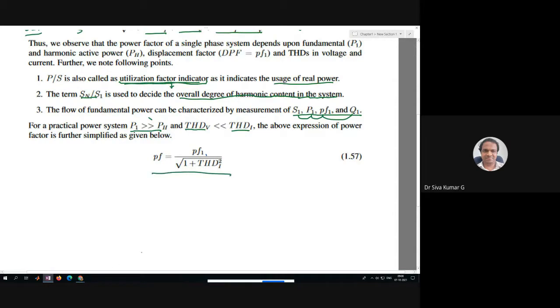After considering this equation, now we can observe the power factor. See, this value of the current is higher. Anyway, the THD value may be lesser than one, if you are expressing it not in percentage.